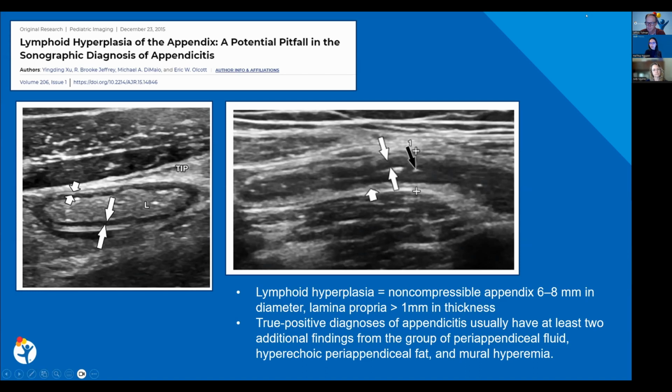So from their paper, it can lead to appendicitis, but in isolation it isn't really appendicitis unless there are other secondary findings. So I still will call it just lymphoid hyperplasia, basically a normal appendix, if I don't see all the other things that you mentioned, Jeffrey.